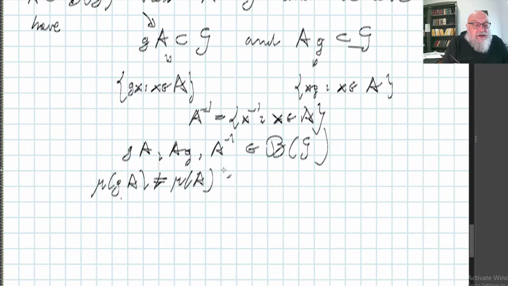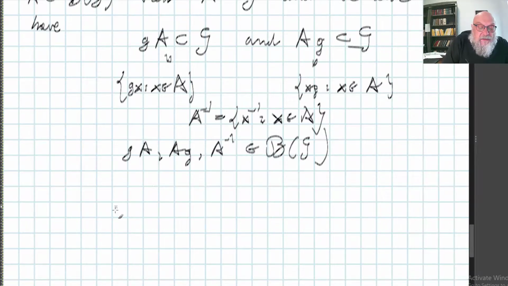In such a case, when you have the property that we have here, that mu of g of A is equal to mu of A, we say that the measure is left invariant.